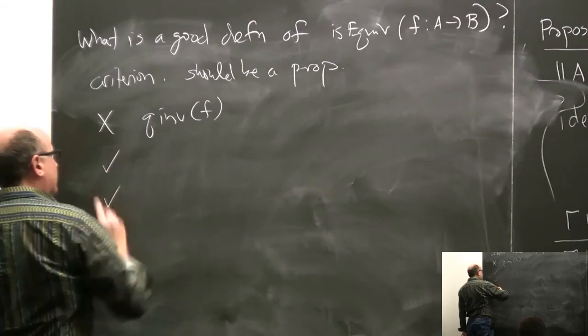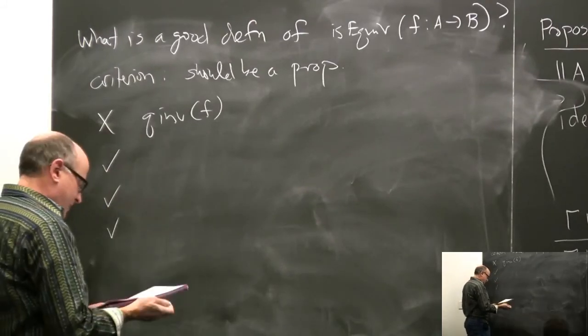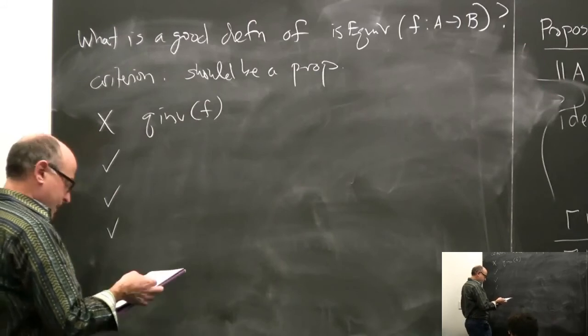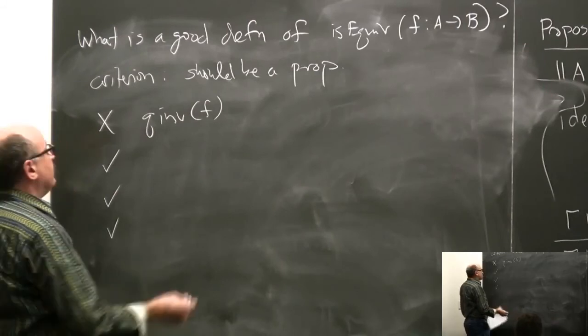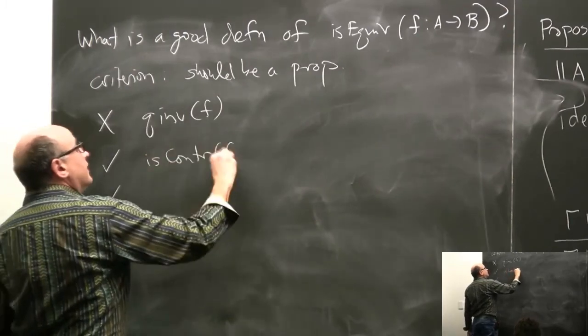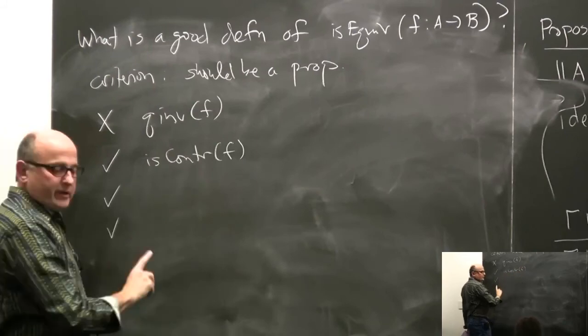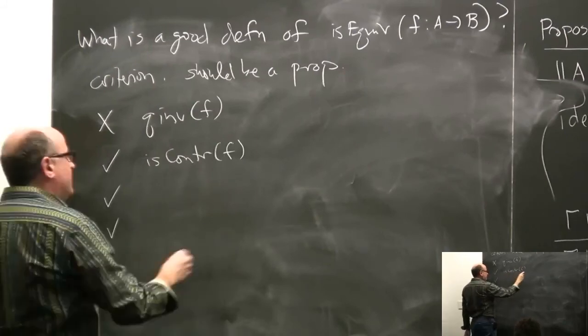But there are three other good ones, and the one I like the most, just as a personal thing, is the contractability of f. So we will say what is called is-contr of f. Be careful of the overloading of the notation, so I'll define what this is.